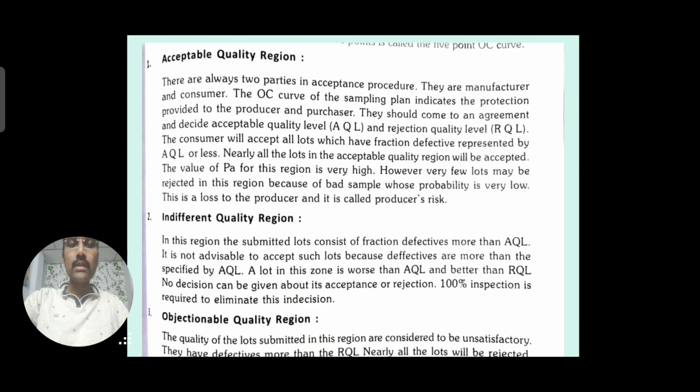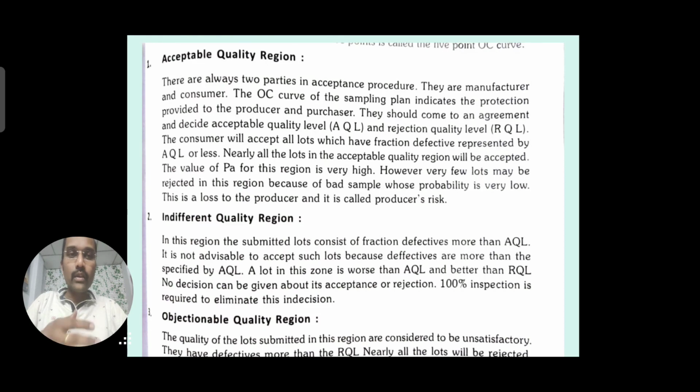Okay, there are a few more terminologies. You go through that, there is LTPD. The rejectable quality level is also described as the LTPD, the lot tolerance percent defective. Lot tolerance percent defective is simply another name for the rejectionable quality level.